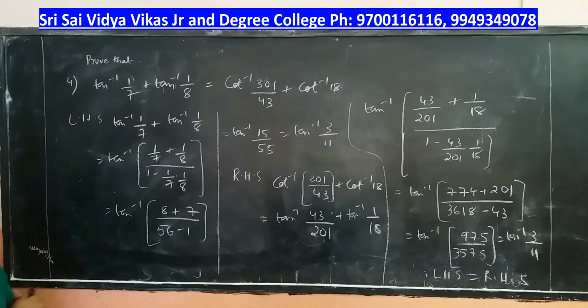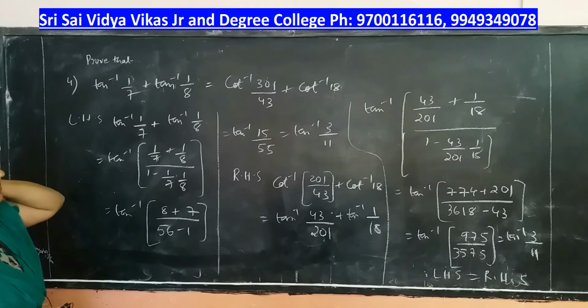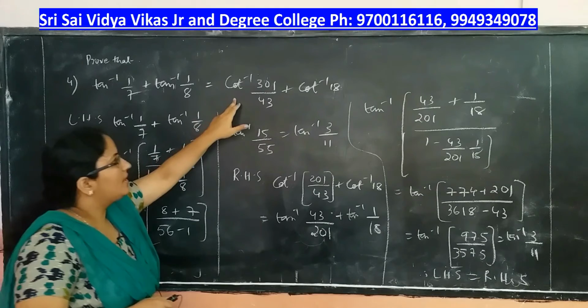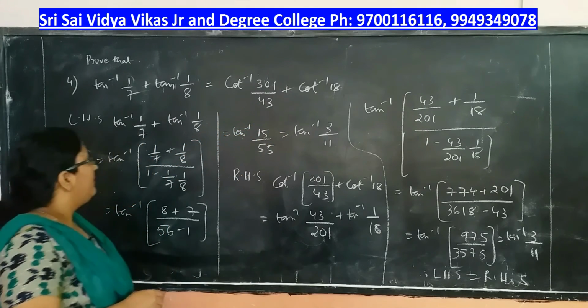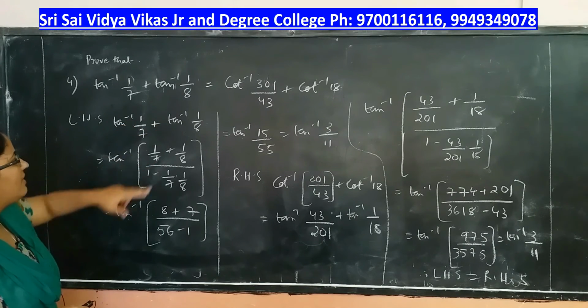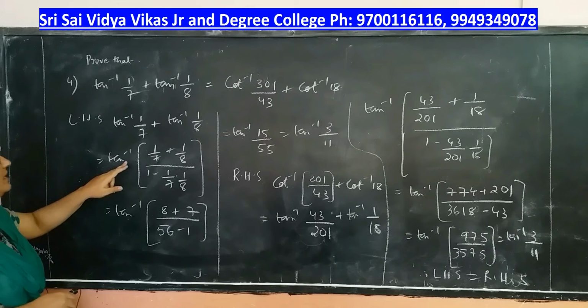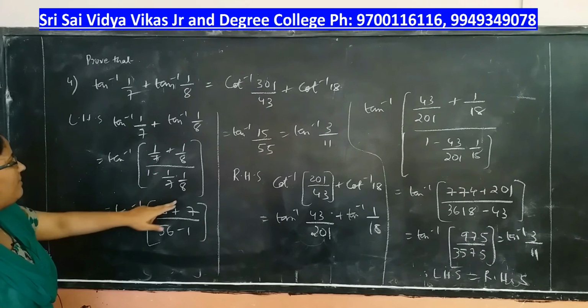Next problem that we have is tan inverse 1 by 7 plus tan inverse 1 by 8, we have to prove that it is equal to cot inverse 301 by 43 plus cot inverse 18. First consider LHS. On LHS you have tan inverse 1 by 7 plus tan inverse 1 by 8, that is tan inverse of (1 by 7 plus 1 by 8) by (1 minus 1 by 7 into 1 by 8).